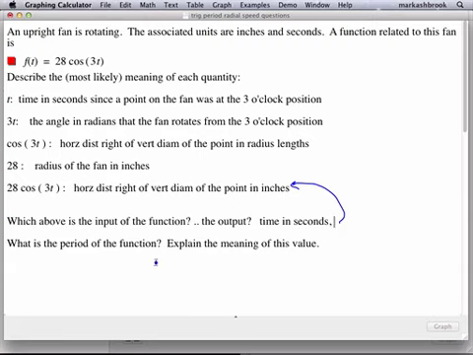Okay, what's the period? This is how you find the period. You're going to say what time would make the angle 2 pi, one rotation? Because this is the angle. So what time, unknown, would make our angle 2 pi? 2 pi over 3 seconds will be the time for one full rotation.